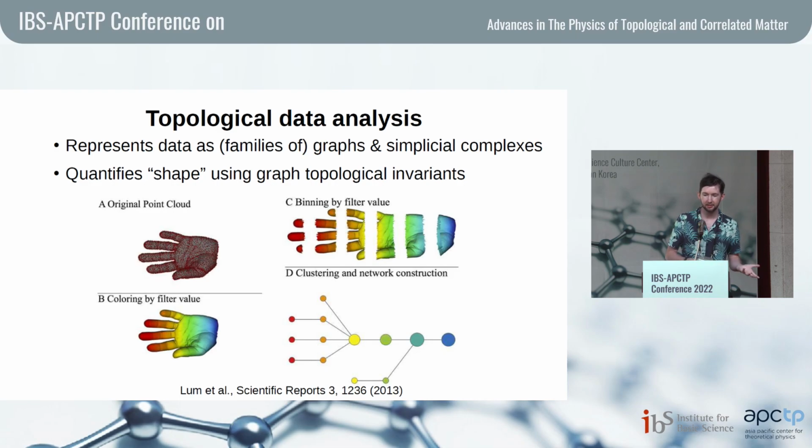Once we reduce our data to a graph or a complex, then we can quantify its shape by computing well-known graph topological invariants. So this kind of pipeline is illustrated here, where we have a cloud of points which is sampled from the surface of a hand. And then the aim is to reduce this complex point cloud into a simpler kind of graph representation which captures the main features of its shape.